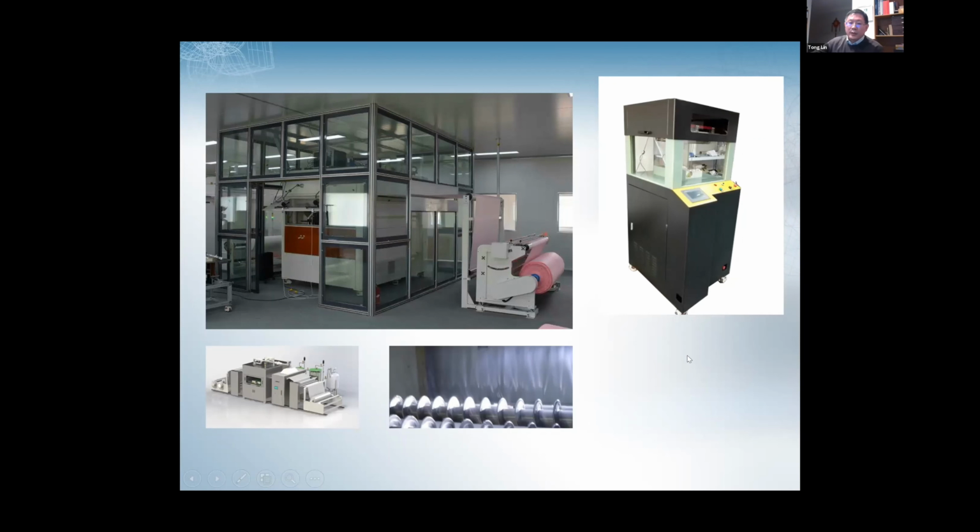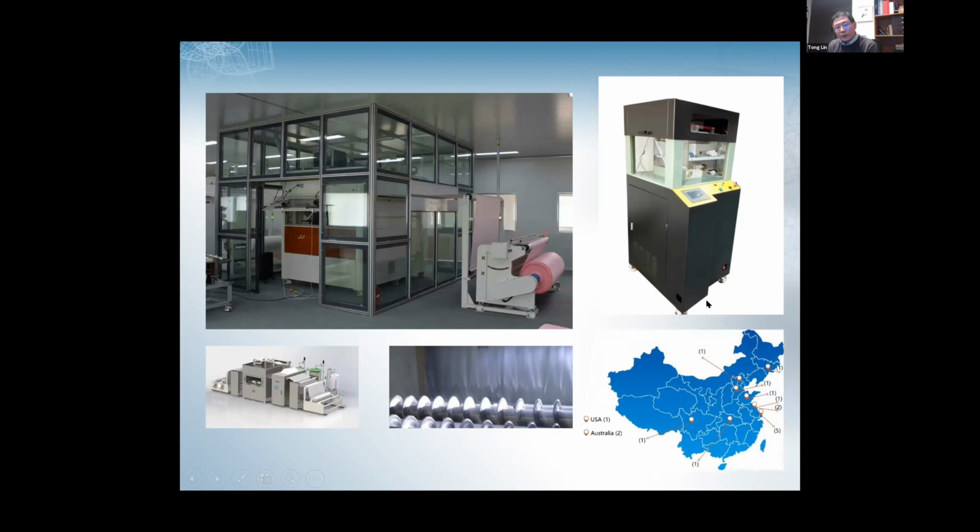This is a small version for lab use. The machine has been sold to many different organizations in China. We also sold 1 to the USA and 2 others to Australia. We all get very good feedback about the production rate, and the machine is easy to control.